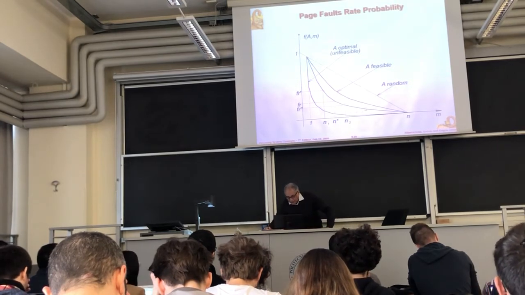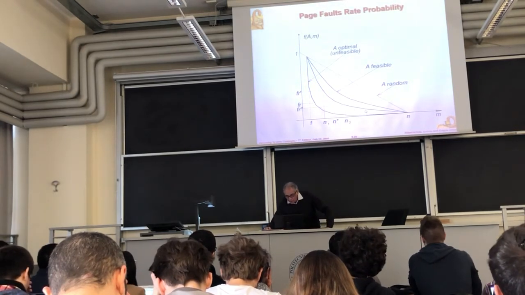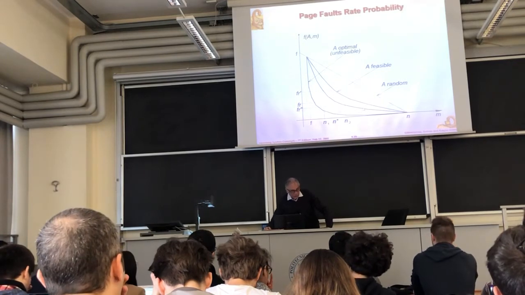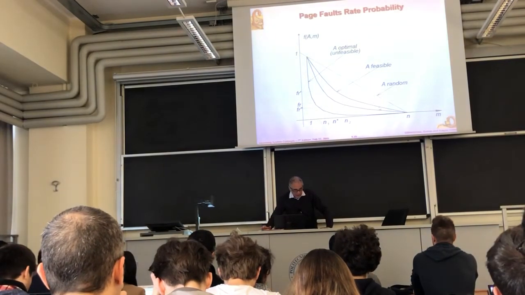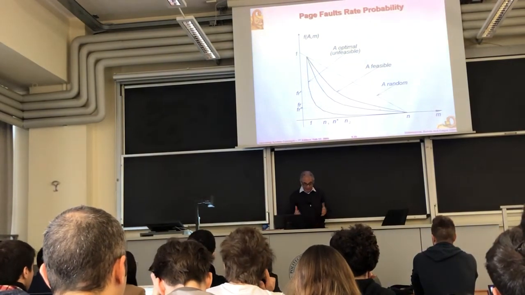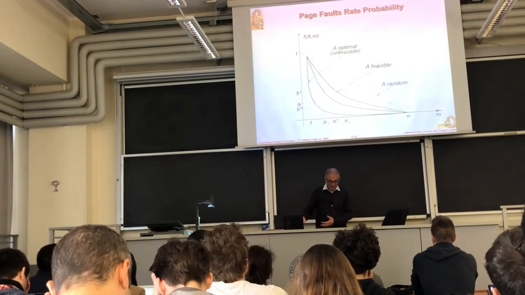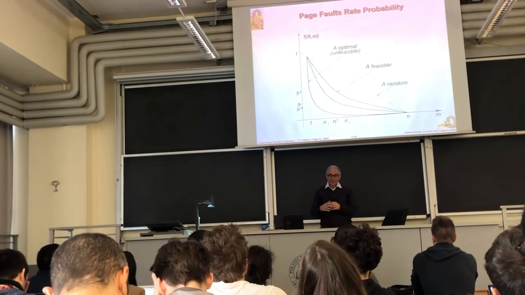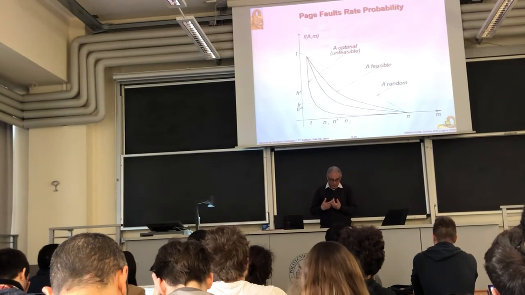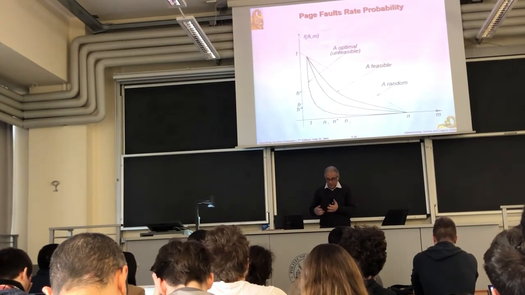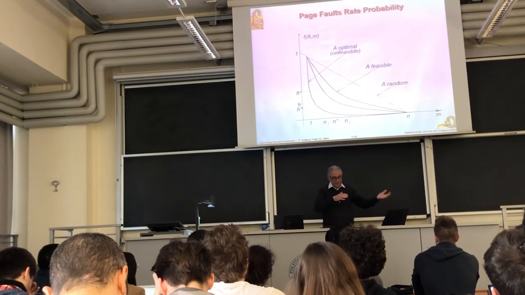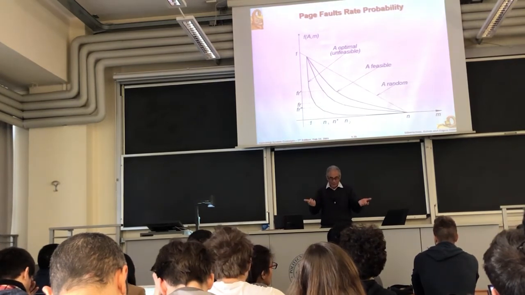Of course, if I give a lot of memory to a program, you see that the number of page faults decreases just a little bit, but it occupies a lot of memory and doesn't allow multiprocessing. Okay, so if I give a lot of space to a process, another process has not enough space.